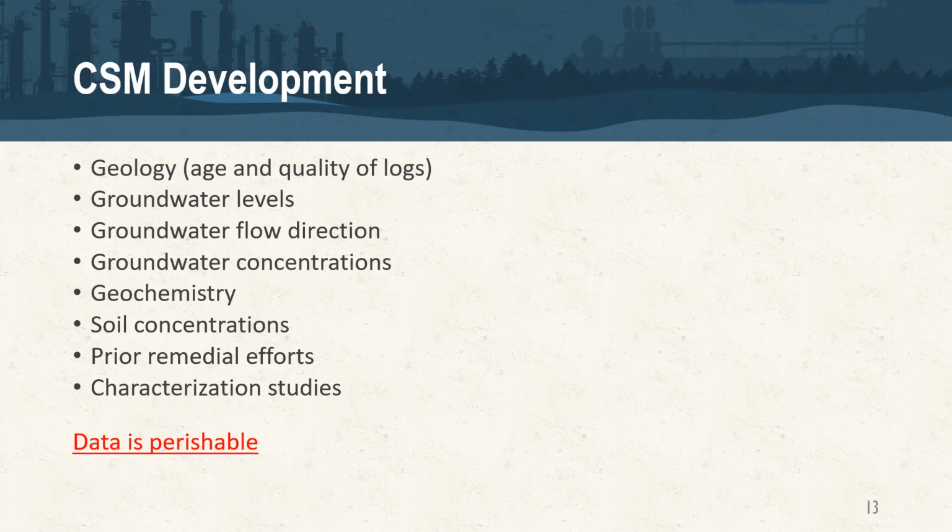The last comment here on this slide, absolutely data is perishable. So, that probably pertains more to geologic data here or groundwater data that was collected years ago. We don't really know how much testing has been done on PFAS at most sites. So while data is perishable, it probably doesn't apply as much here as it does to other contaminants we routinely deal with.